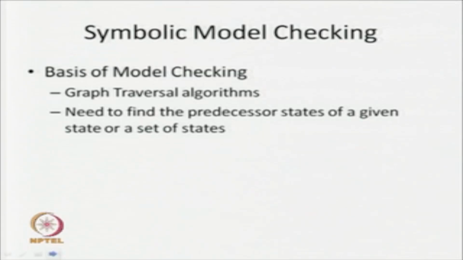If you look back, you will find that it is nothing but a graph traversal algorithm, because the Kripke structure we use to model our system can be treated as a graph. In that graph we use a traversal algorithm to look for the set of states where a given property is true, and the model checking algorithm returns this set of states.